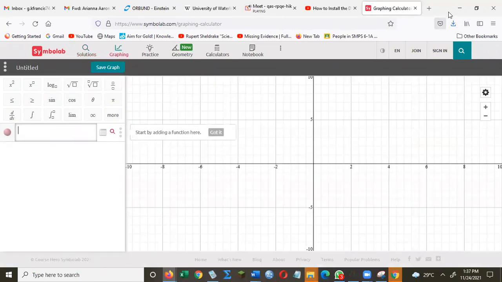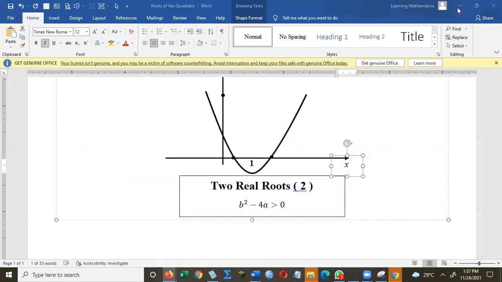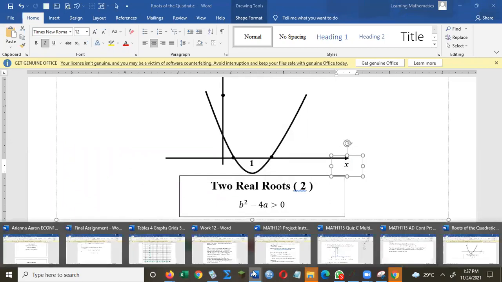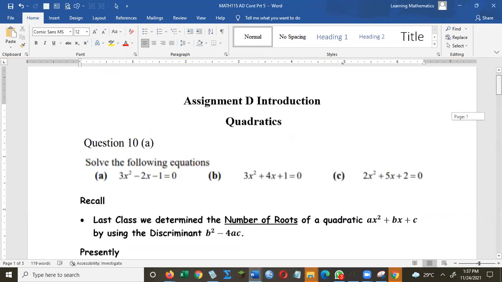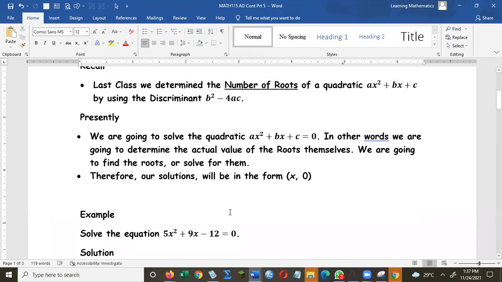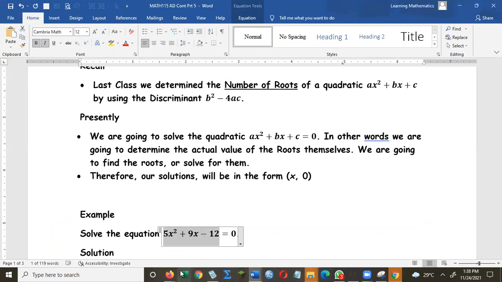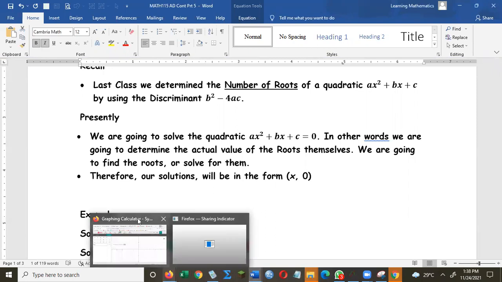Now, what is the quadratic we said? Let me see if Symbolab is compatible with Word. Here it is. So we don't need the equal 0. Copy this and just paste this. Let me get a sketch of it because that's one way of getting the roots.